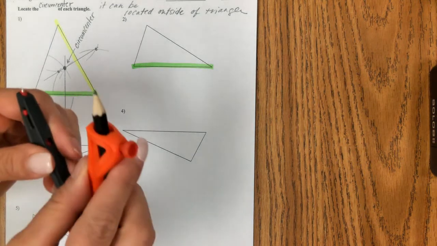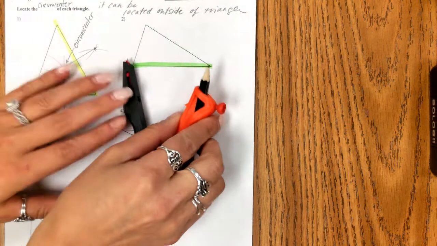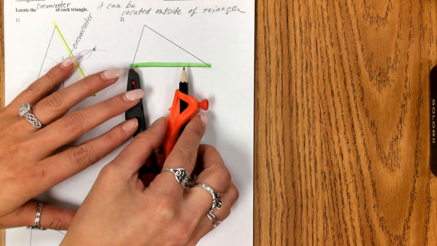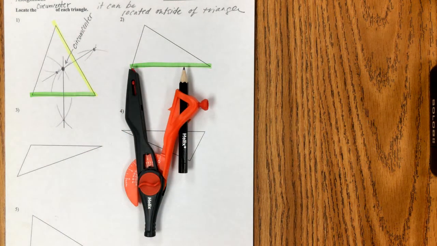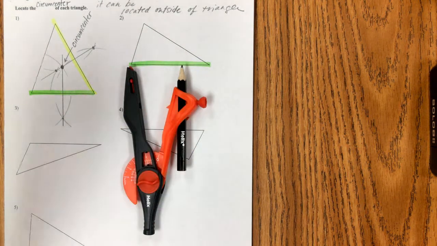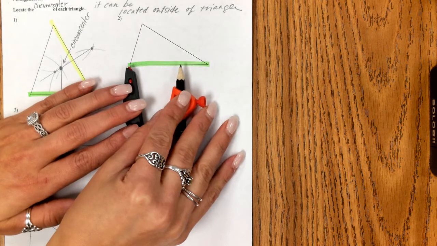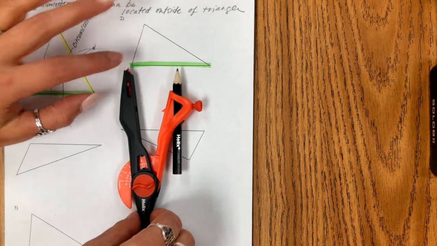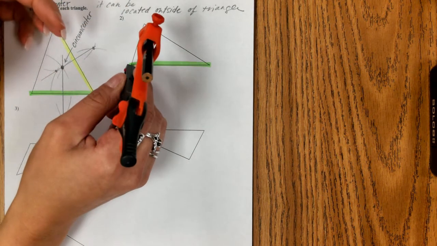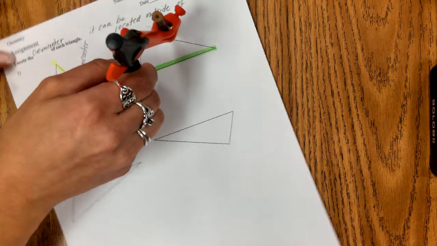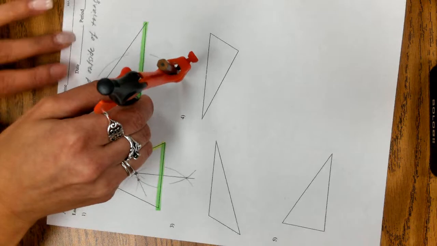You're going to measure out a little bit more than half. You're going to put the metal part down on one side, and you're going to make two arcs, one on the top and one on the bottom of the line.